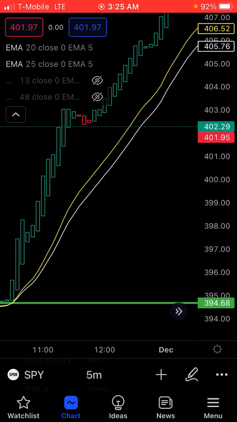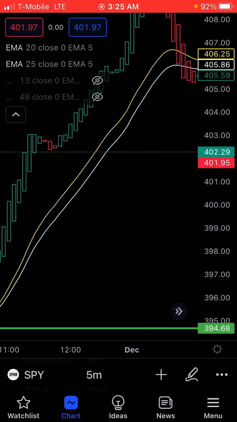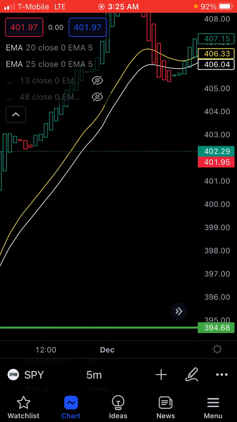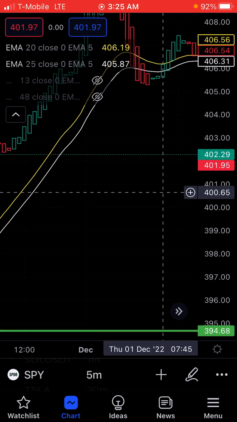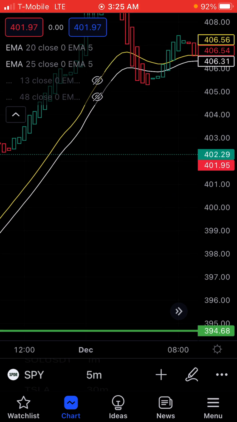As long as the lines are going straight and not hitting each other, as long as the 20 does not hit the 25, that stock, option or crypto is going to remain going in that same direction.